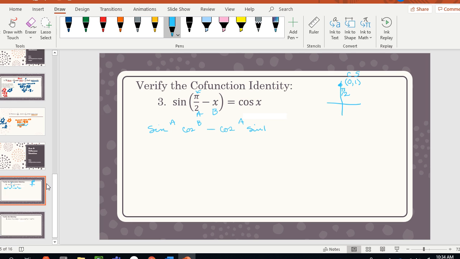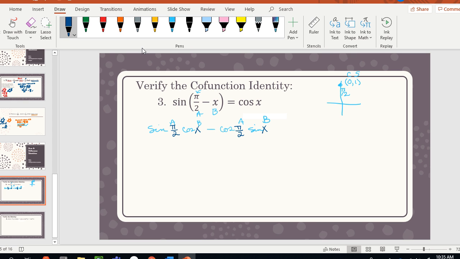Sine of B. Okay, so watch what I'm going to do. My A is pi over 2. That's why I left it up there hanging. And this is just going to be x, and this is pi over 2, and this is x.